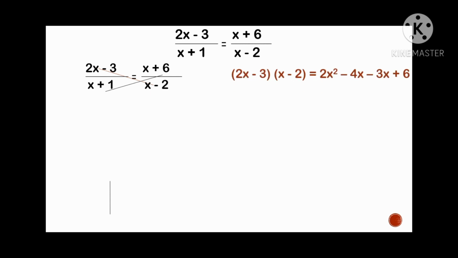Okay, so we have the extremes. We have 2x minus 3 multiplied by quantity x minus 2.